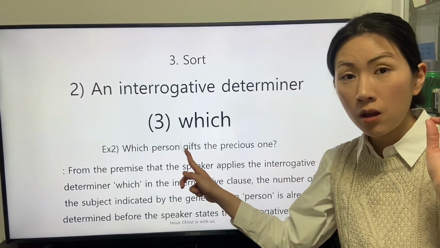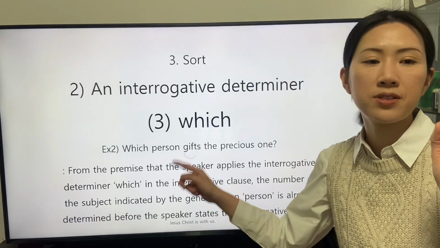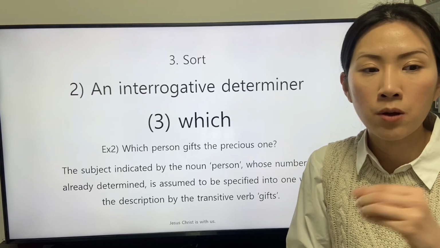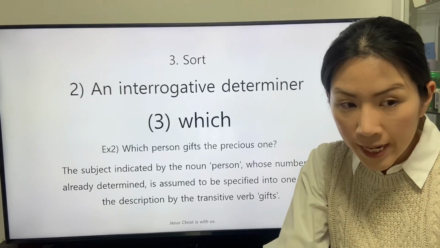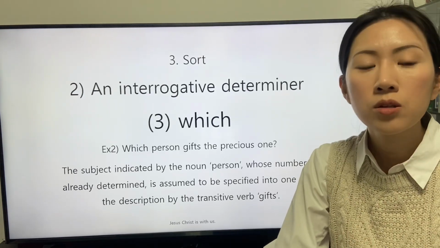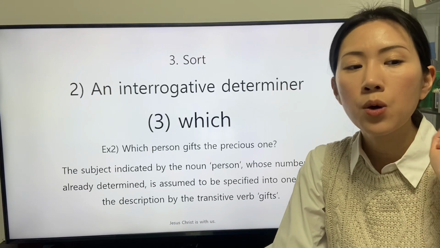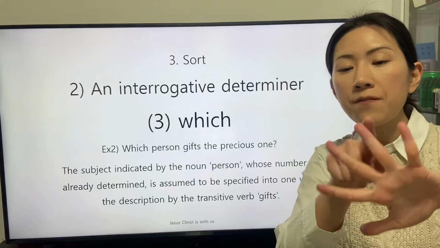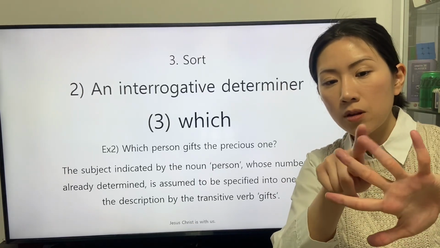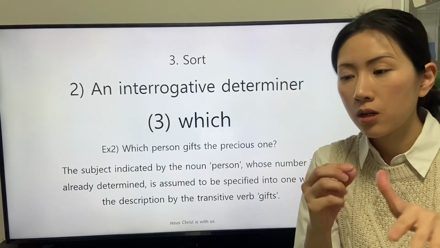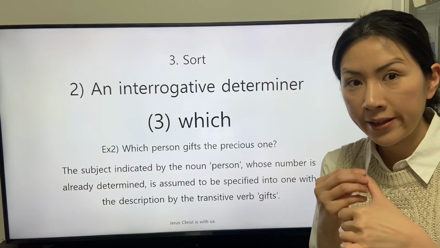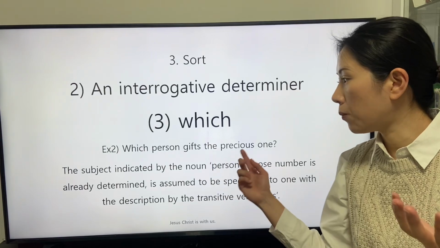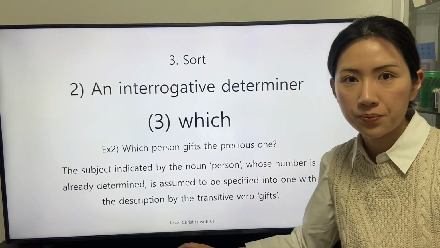The form of the verb gift. The subject indicated by the noun person, whose number is already determined, is assumed to be specified into 1 with the description by the transitive verb gift. One of the 5 people starts and gives the definition of the transitive verb gift to the object, the precious one.